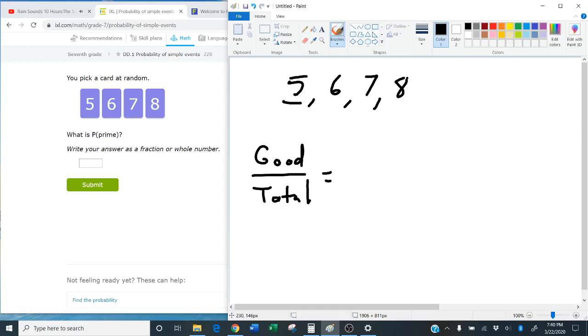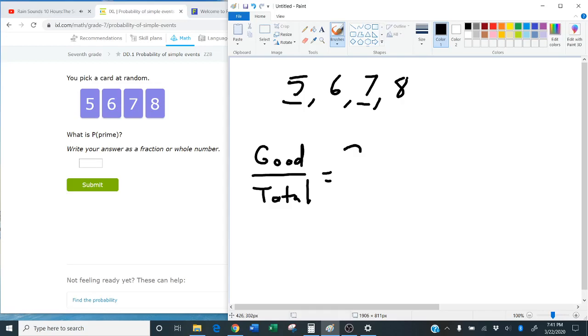You could divide it by other numbers also, of course, but you would get a decimal answer. 6 is not a prime number because we can divide it by 2 and 3. 7 is a prime number. It's only divisible by itself and 1. 8 is not a prime number because I can divide 8 by 2 or 4 or other numbers. So 8 is not a prime number.